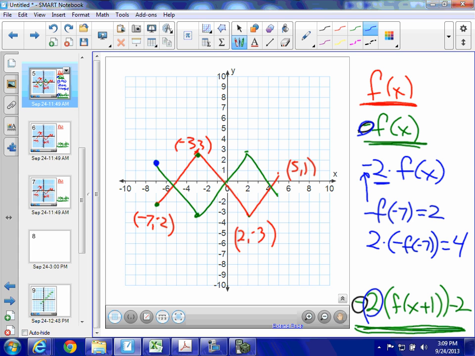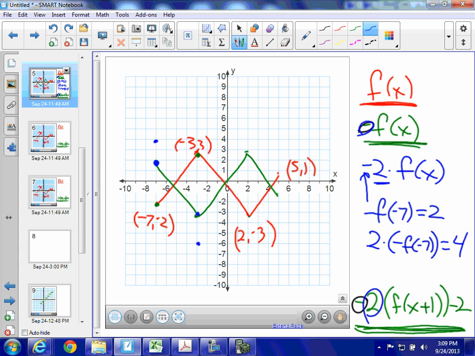So I've taken this point, and now I'm going to stretch it up to 4. Over here, I had negative f of negative 3, the point at negative 3. Well, 2 times negative 3 is negative 6. So all I'm doing is I'm taking my y values of each of the points from my second transformation, the green transformation right here, and I'm doubling the y value.